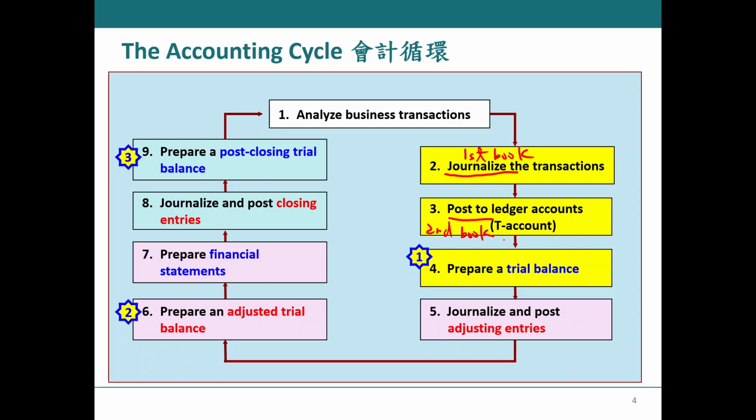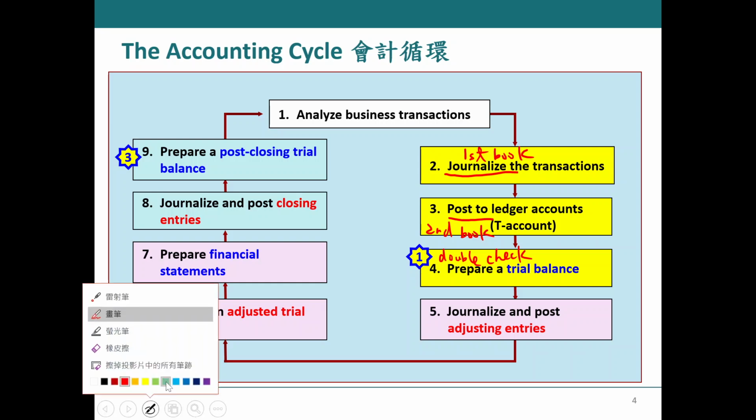After that, we do our first double check. We prepare the trial balance. So that's our first double check. Okay? But if you still remember, so far we have only finished 90% of transactions, right?